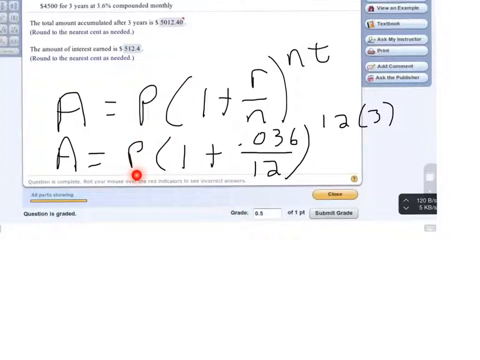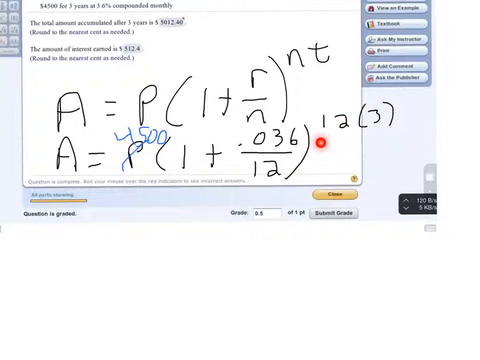Oops, I didn't put the 4,500 there. That should have been 4,500. Okay, so the principal is 4,500. The rate is 3.6%, which you change to decimal, which would be 0.036, which comes up here. The time is 3 years, and it's monthly, and that's where the 12 comes from.